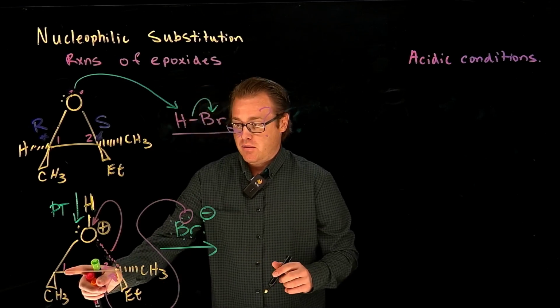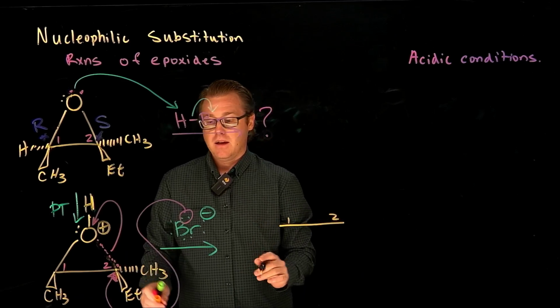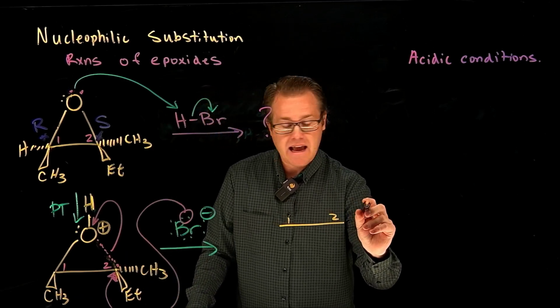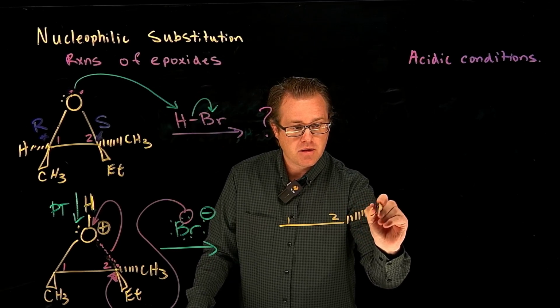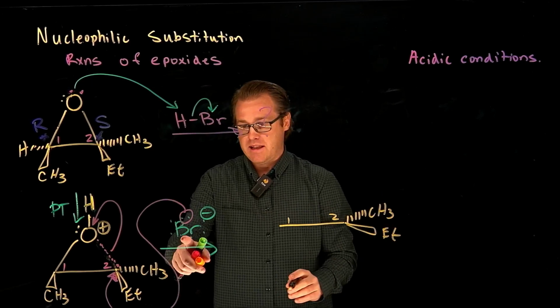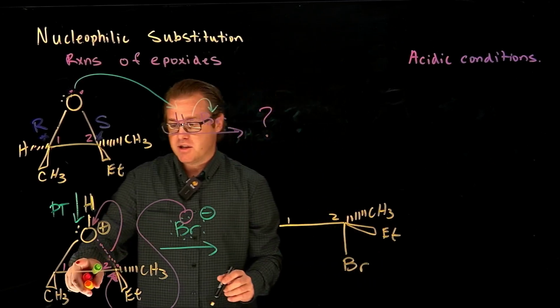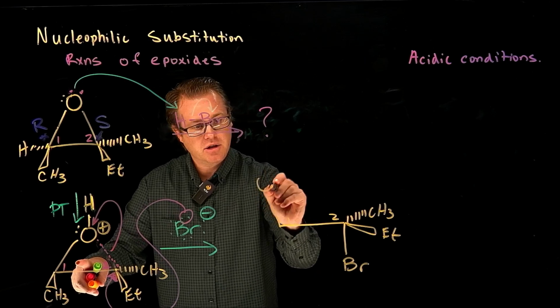So what do we have to do? Draw carbon 1 and carbon 2, leaving the wedges and the dashes as shown. CH3, wedged ethyl. Where did that bromide come in? It came in from underneath. What's on the top face? The oxygen.